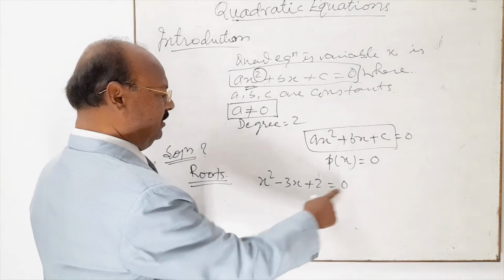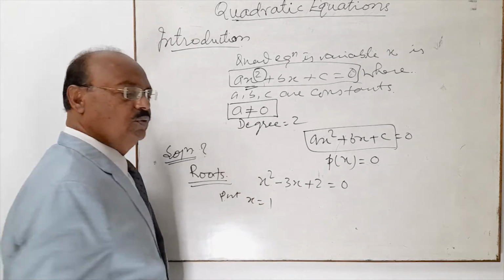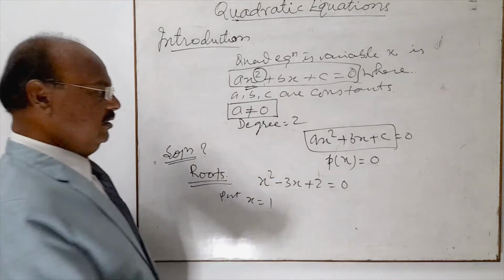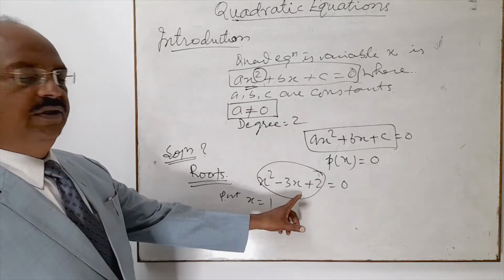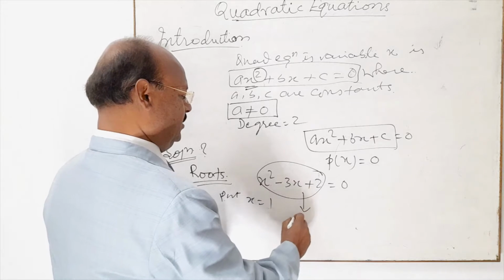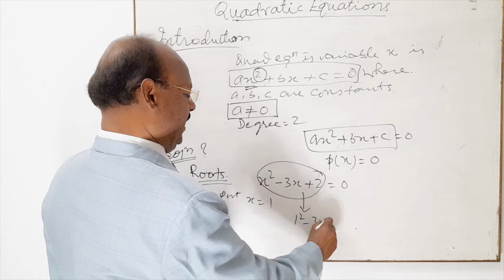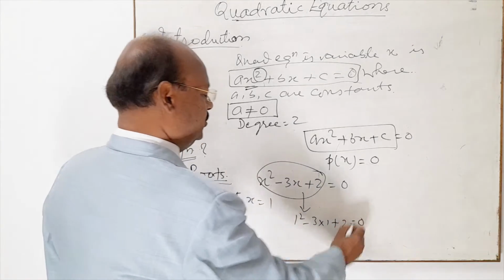If in this equation you put x is equal to 1, then the left hand side becomes 0, because the left hand side is 1 square minus 3 into 1 plus 2, which becomes 0.